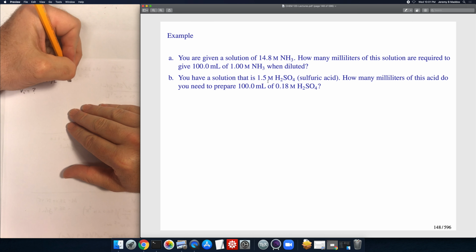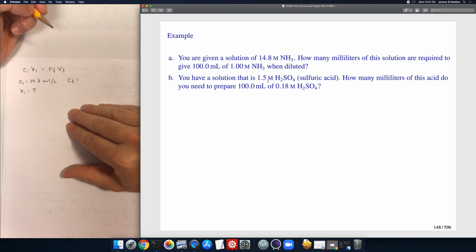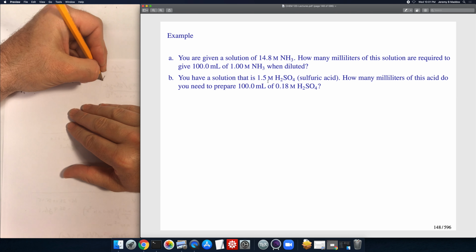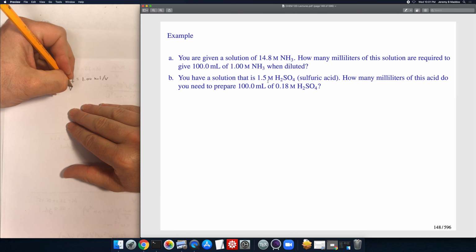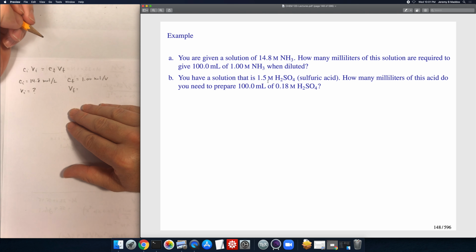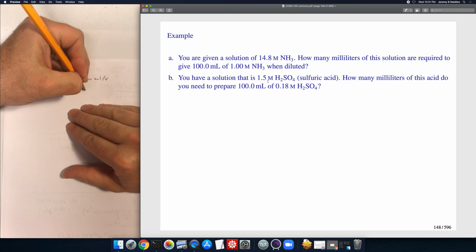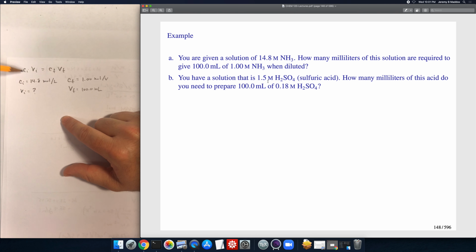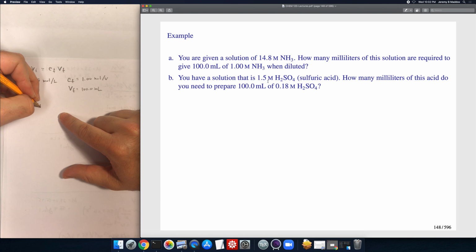The final concentration that we desire is 1.00 moles per liter. And the final volume is 100 milliliters. So we need to solve this equation for the initial volume. So we're going to divide both sides by the initial concentration. That is going to give us this result here.